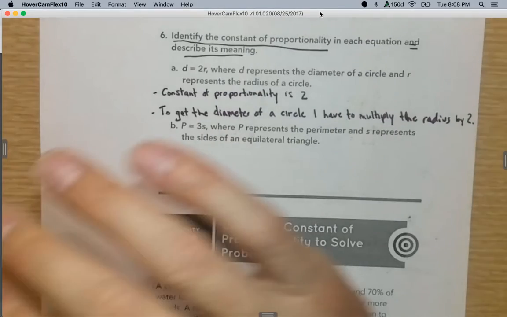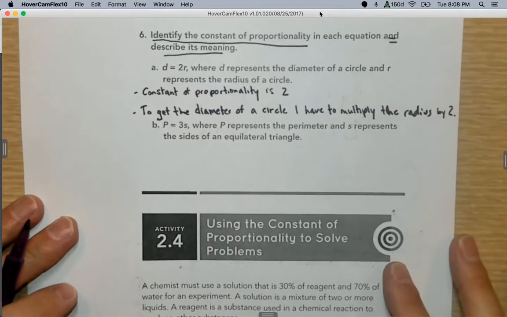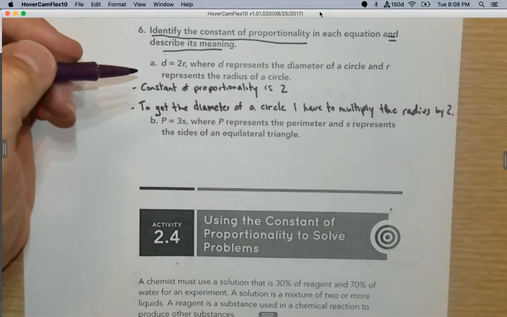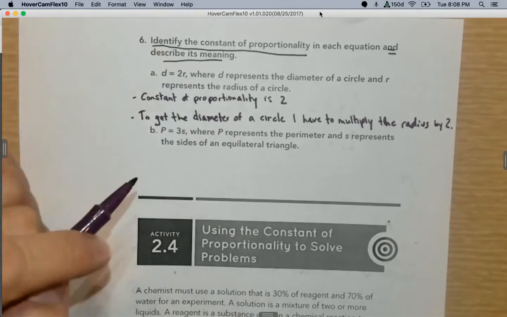I like that they used an example that we've done before, and so in that equation there is a constant of proportionality because that is a proportional relationship.